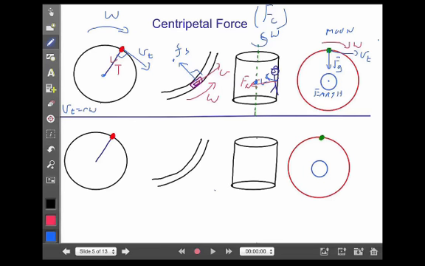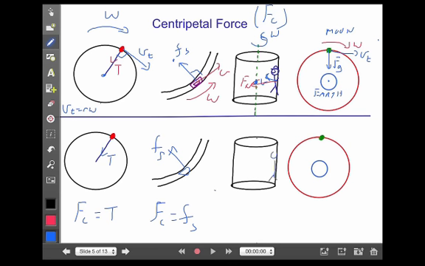The centripetal force can be any force that we've talked about before that acts to the center. For example, in the first part, since tension points towards the center of the circle, the tension is the centripetal force. In the next one, since static friction acts towards the center of that turn, the static friction is the centripetal force.